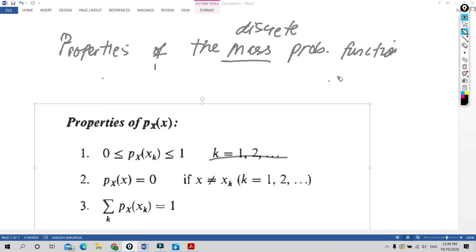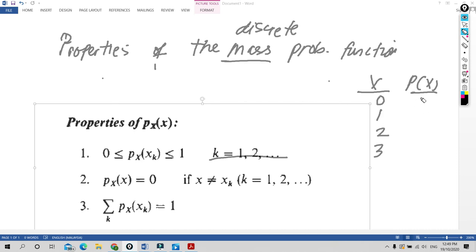Let's say I have here X of zeta, from the experiment of tossing a coin. X is equal to 0 heads, 1 head, 2 heads, and 3 heads. The probability P(X) here refers to discrete, because you have 0, 1, 2, and 3.